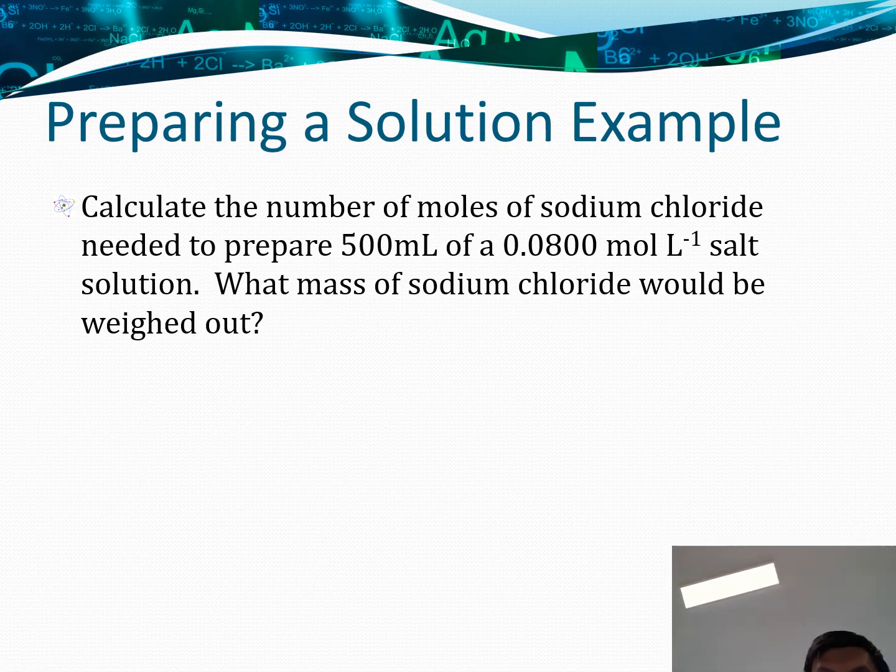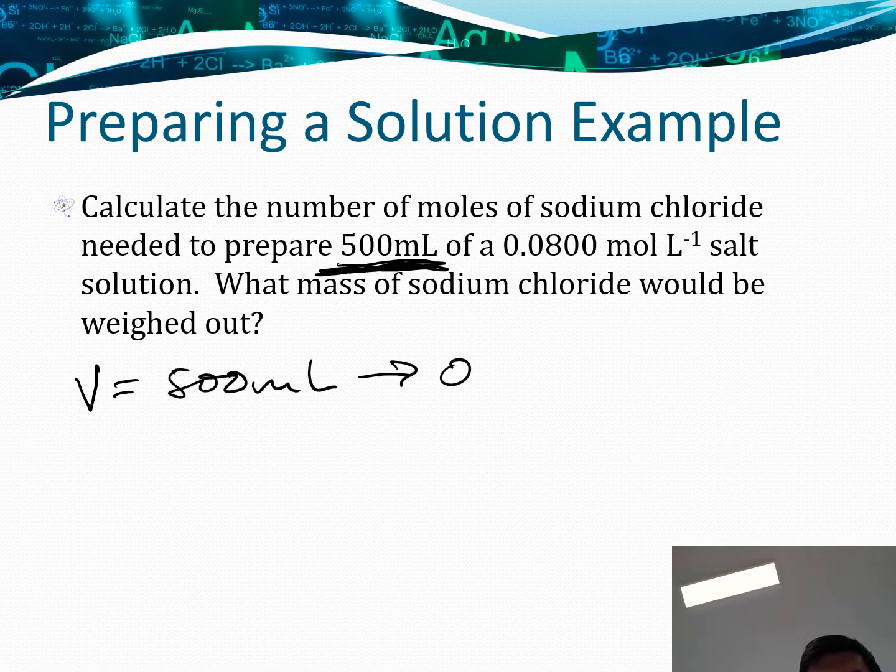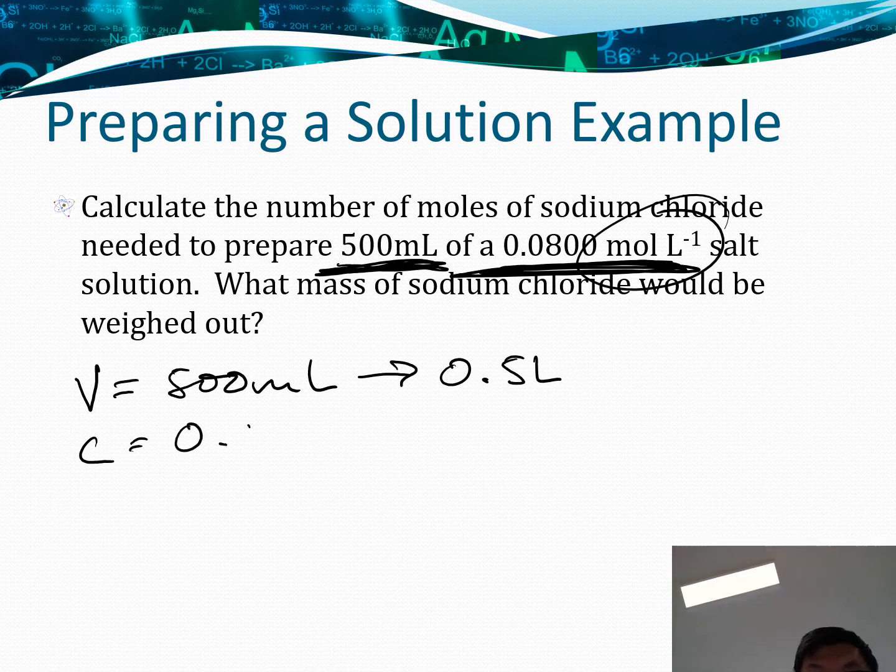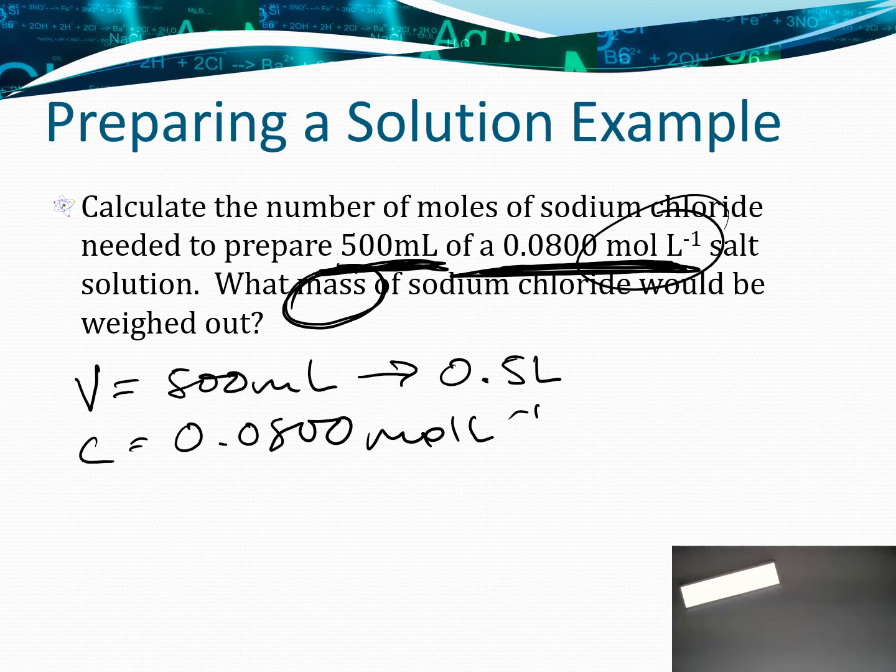So in my question, I want 500 mL, so that's a volume. So V equals 500 mL, and then you might want to convert that. Then this number here is a concentration. How do I know? Moles per liter, so C equals 0.0800. And then the question says tell me the mass.